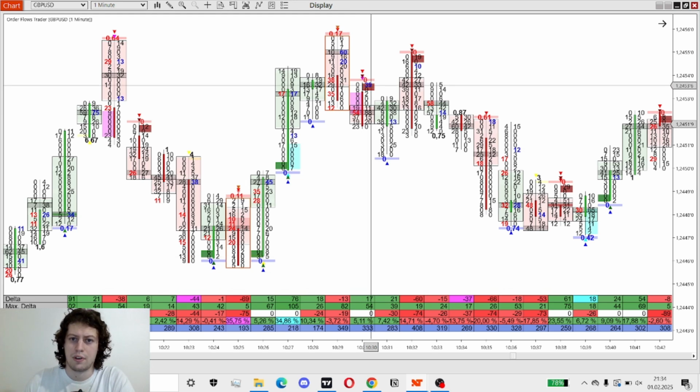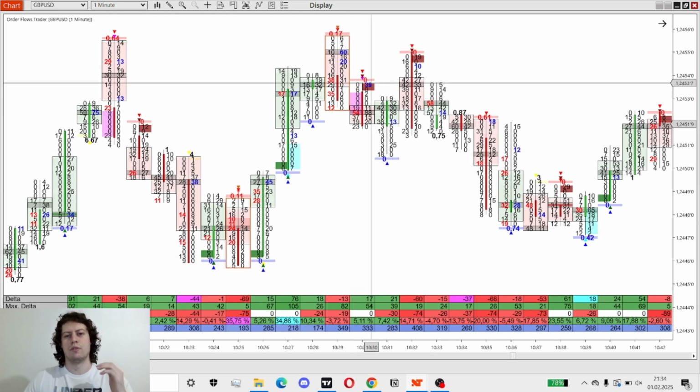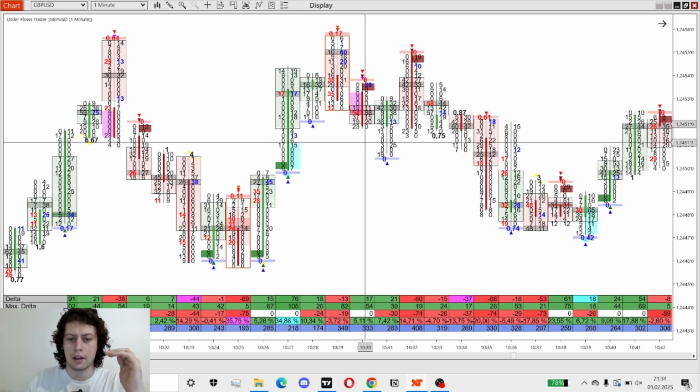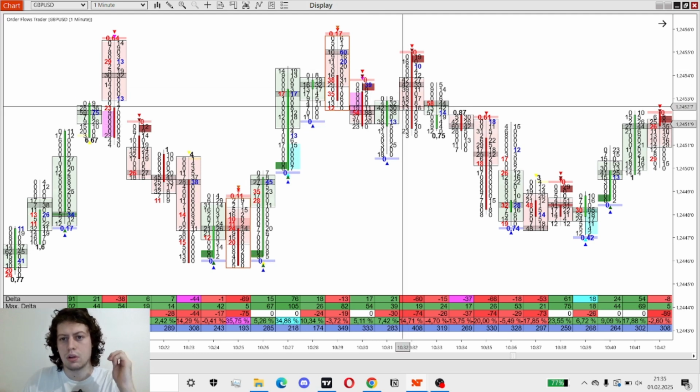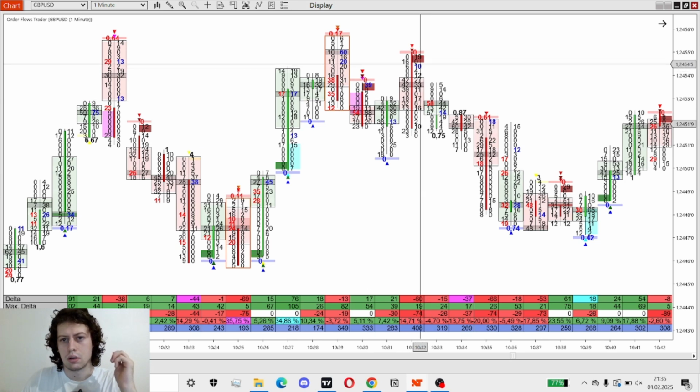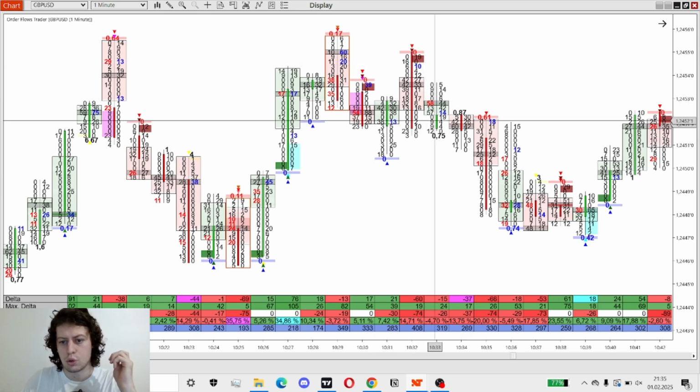Because you have a lot of buyers that pushed the price but they didn't have the strength, so they had been crushed by the sellers, and a very nice full red candle. We continue. Also sellers are coming in, and buyers are getting trapped.